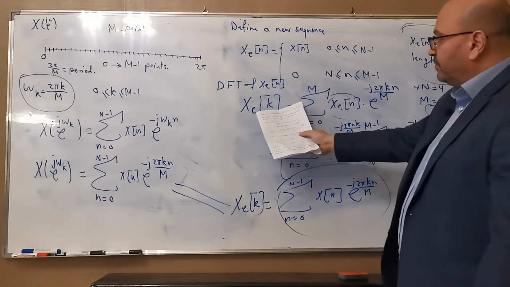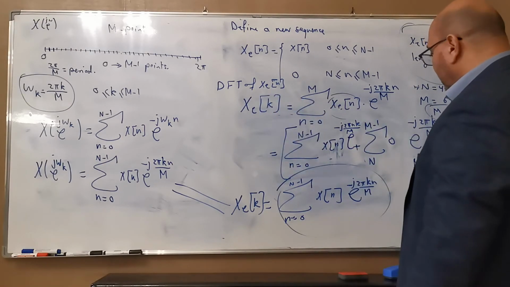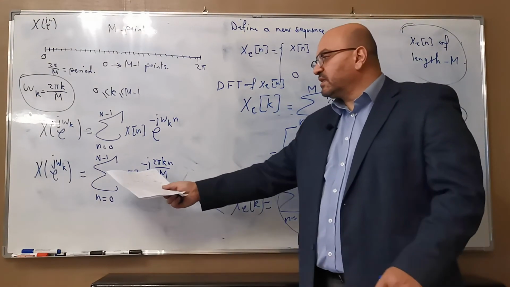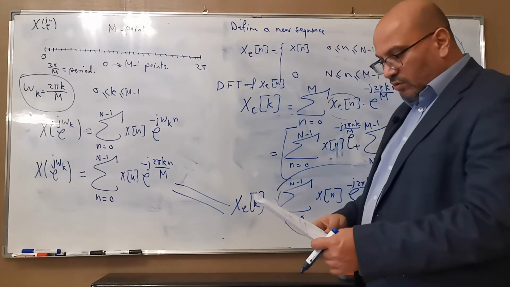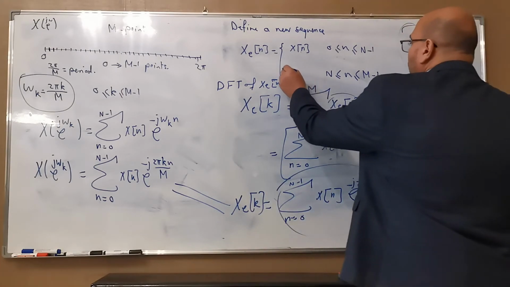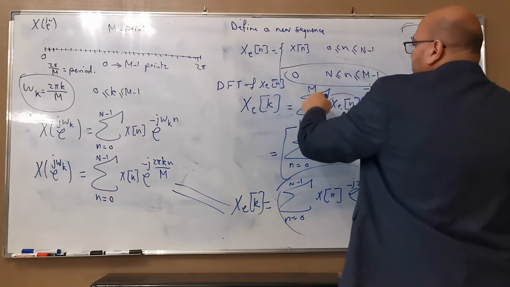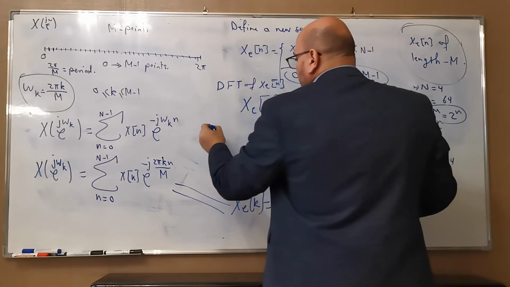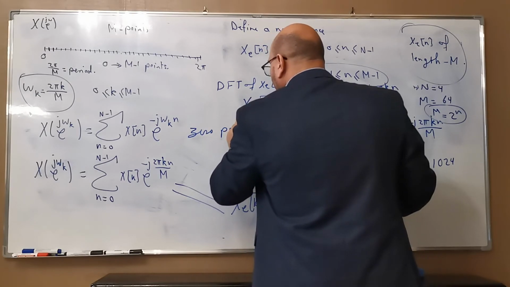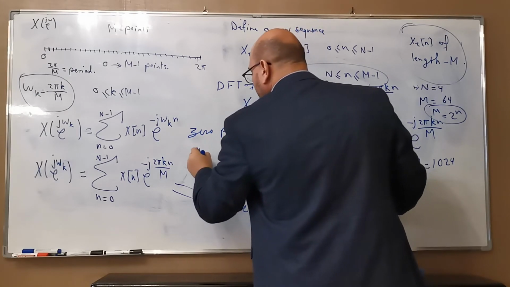You do the DFT of this extended version, and you get very close to the continuous x of e^(j omega). So this is a really nice relationship, and we do this operation by adding zeros at the end. We call it the zero padding operation.